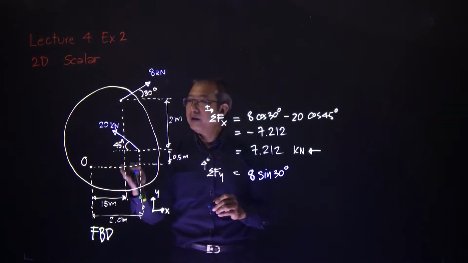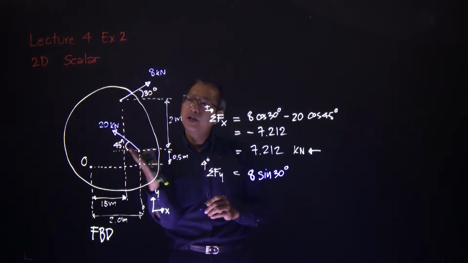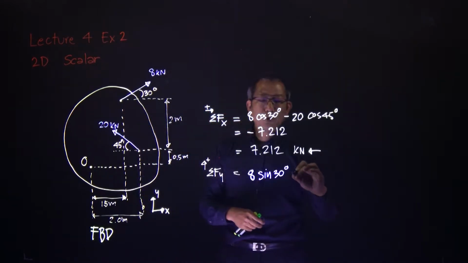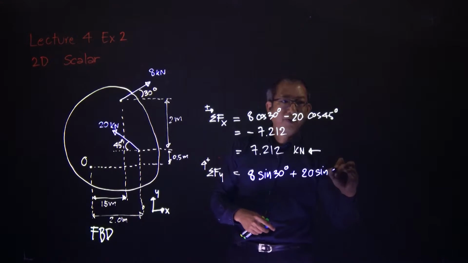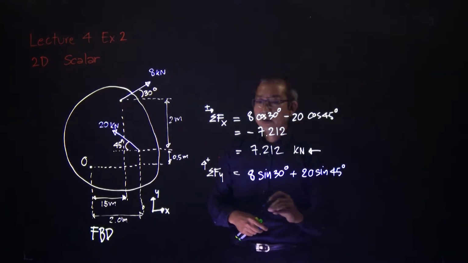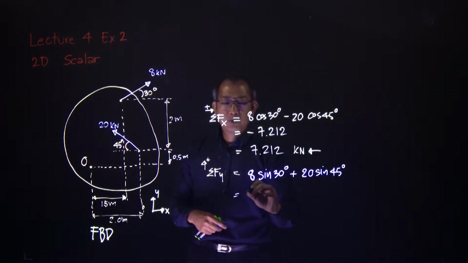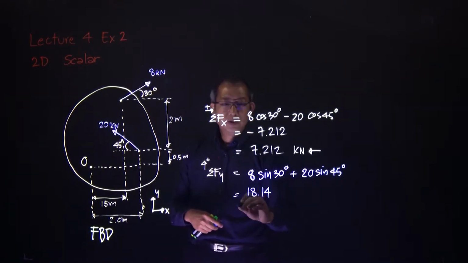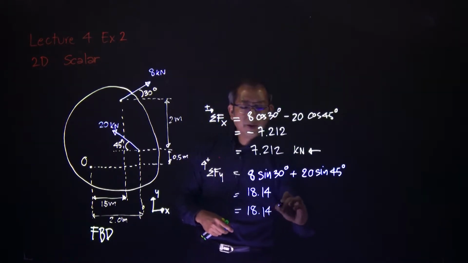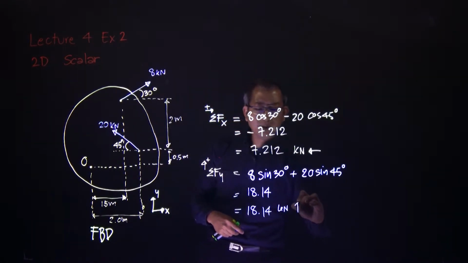Then the next one is the 20. 20 is also going up, so it's positive 20 sine 45 degree. These two combined then equal 18.14 kilonewton, positive meaning upwards.